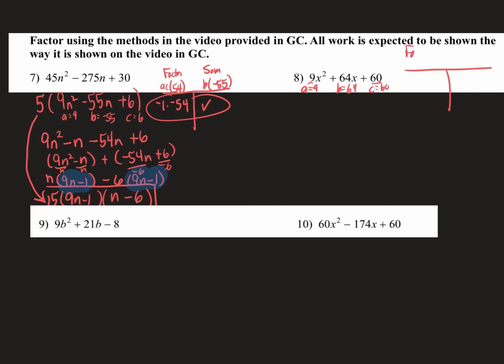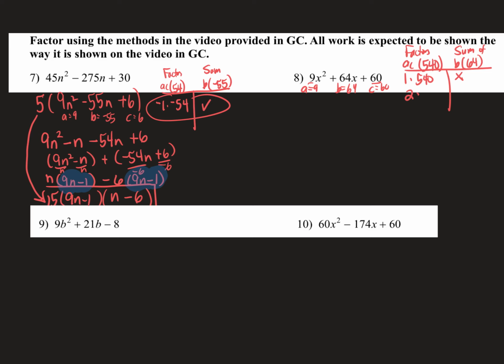I want factors of A times C. 9 times 60 is 540. That will give me a sum of B, which is 64. So 1 times 540, of course, does not work. 2 times 270, is that right?